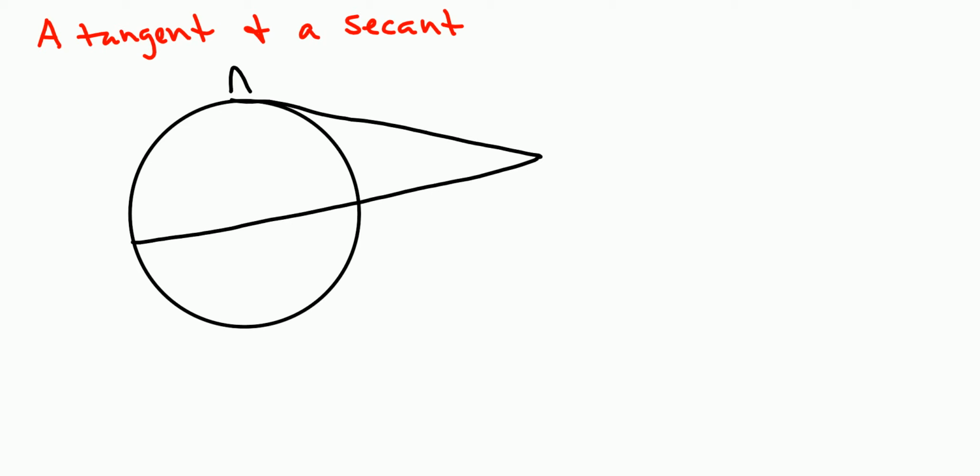This would be point A, B, C, and D. You can say that this is 100 degrees and this one is 30 degrees.